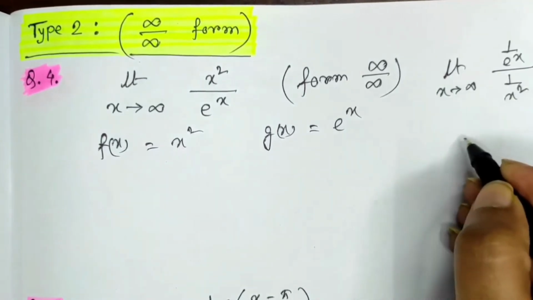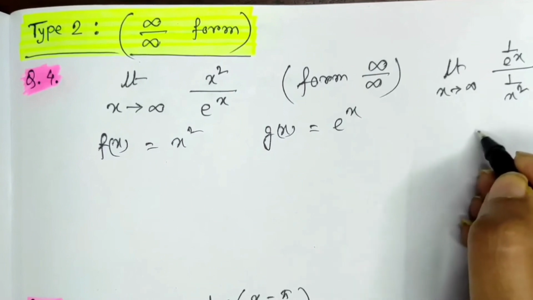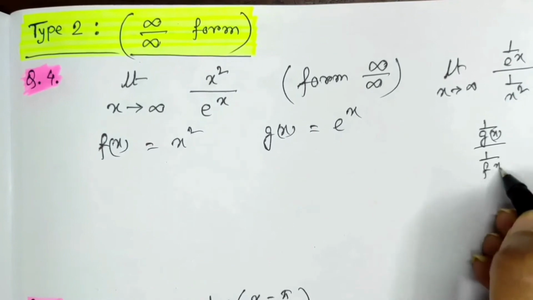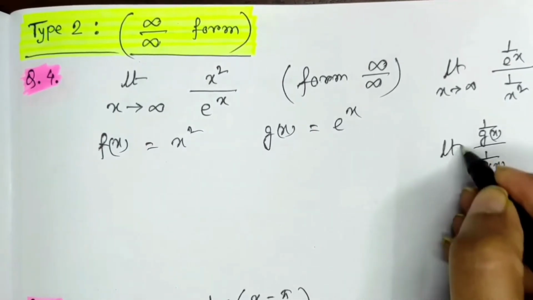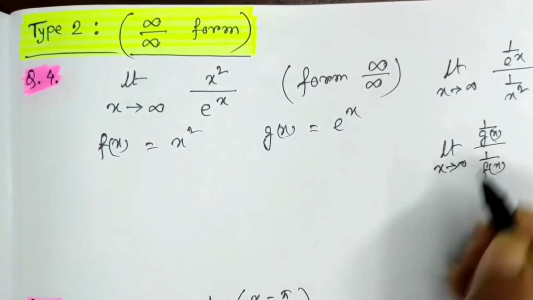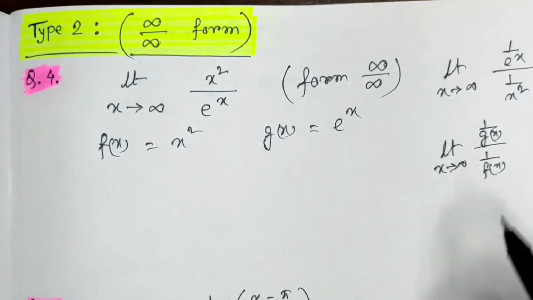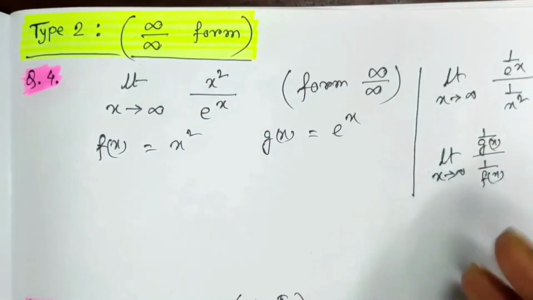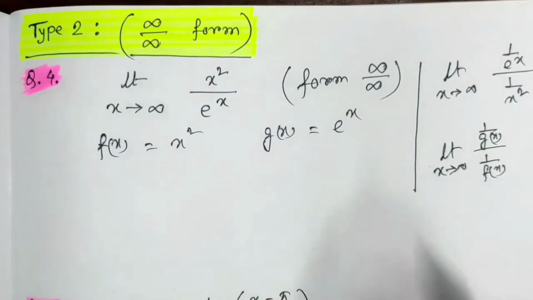So what we have done here is written 1 by g(x) divided by 1 by f(x). If we write the given limit in this format, then the limit is a 0 by 0 form. So if we know the 0 by 0 form, then by the same process we can solve this limit.